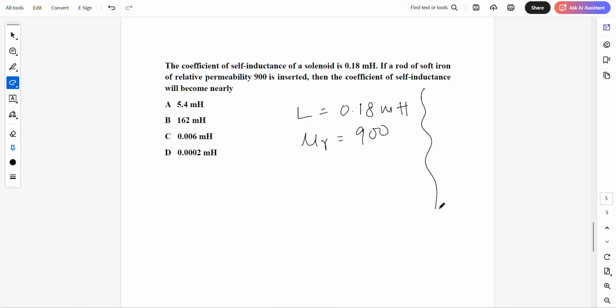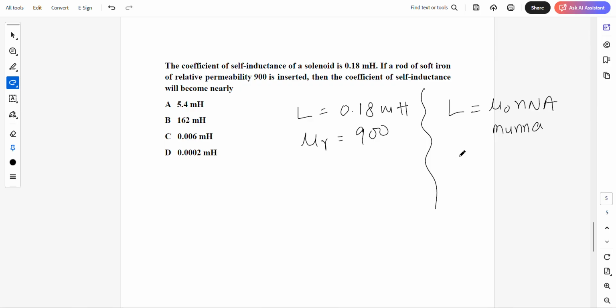We are very clear what the formula for the coefficient of self inductance is. L is equal to mu naught into n into NA. Remember it as munna. You can just remember.